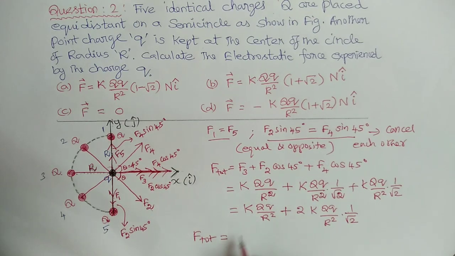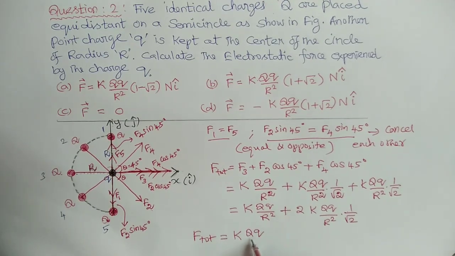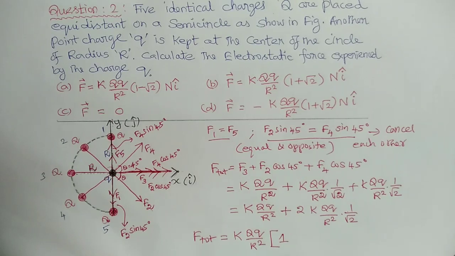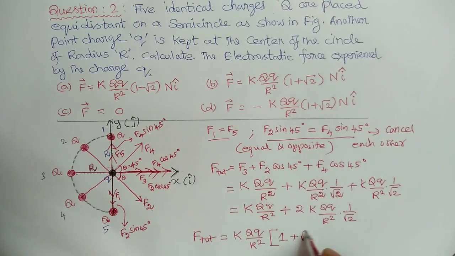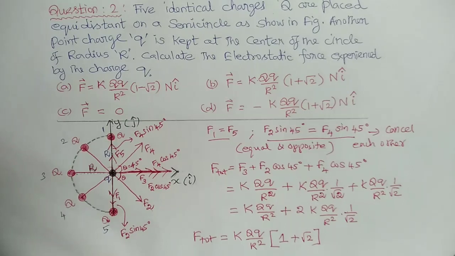In both of the equations there is K into Q by r square. Okay, so here 1. So if you simplify this term, 2 divided by root 2, so we'll consider root 2. So 1 plus root 2.